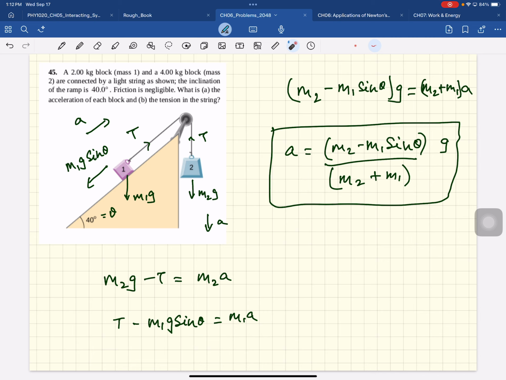All right, so ask your question again. I don't understand why we're subtracting off T at all. This is the equation you don't understand? Yeah.